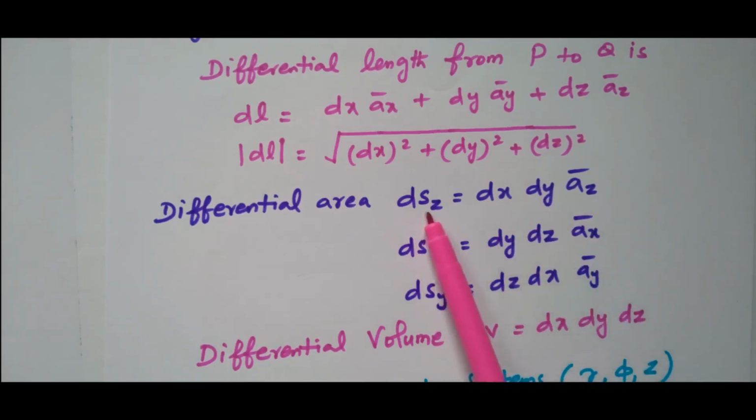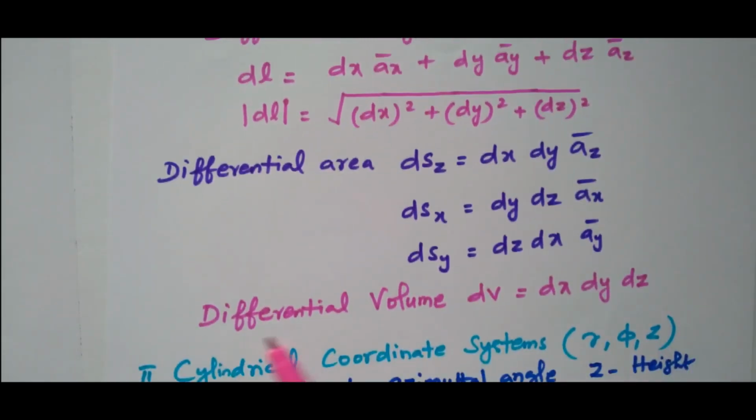So dsz is dx dy into the az unit vector. So dsx is dy dz into ax. dsy is dz dx into ay, right? We are multiplying two parameters, x and y, y and z, and z and x, because for area we need to multiply only two elements.